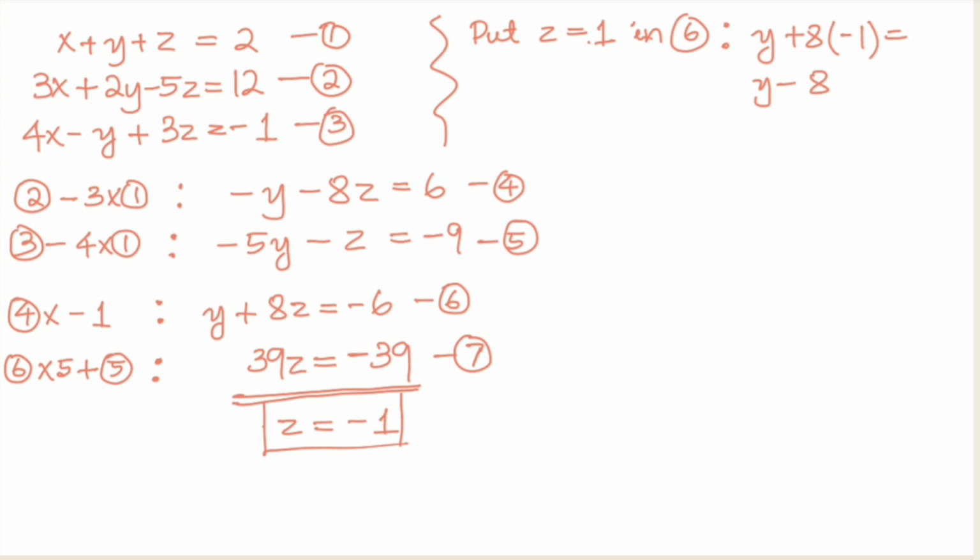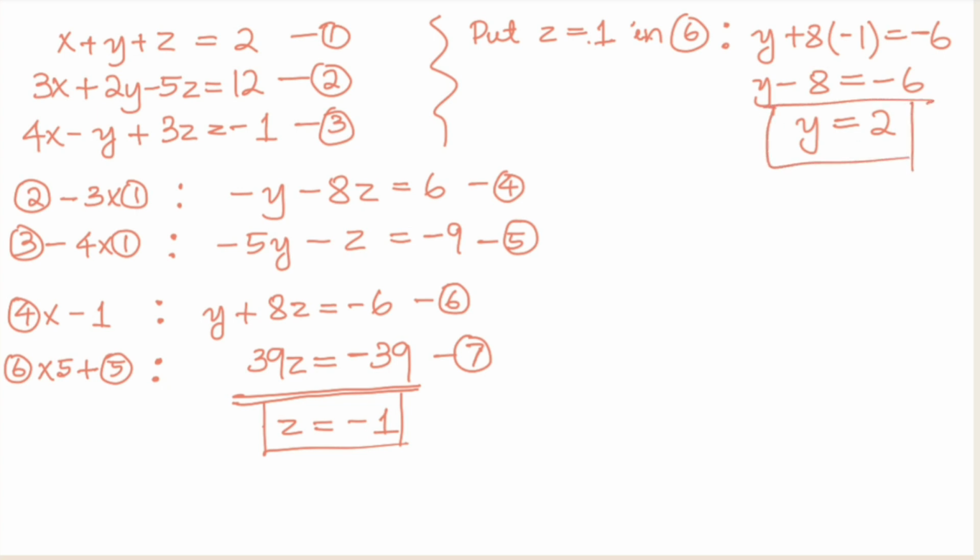So here we have minus 6. And then we have y minus 8. Okay, that's equal to minus 6. So y equals minus 6 plus 8, which is 2. So we get a value for y.